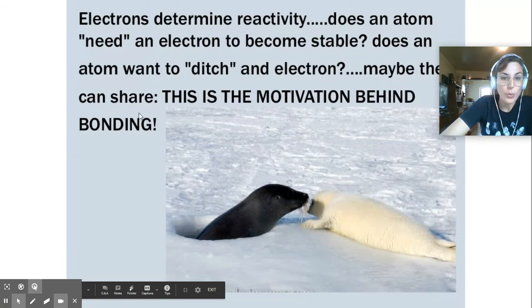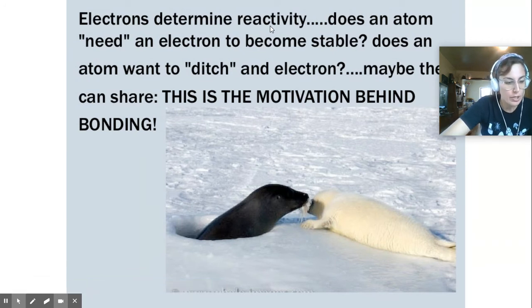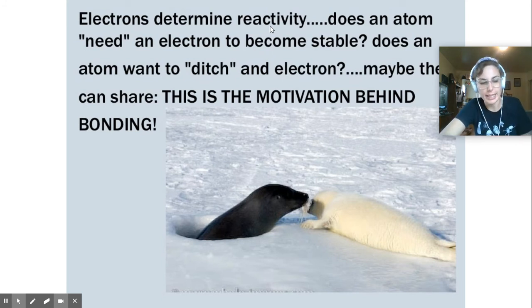So really, the number of electrons in the outermost shell determines its reactivity. Does an atom need an electron to become stable, or does it want to ditch an electron that will help it become more stable? That will be its motivation behind bonding.